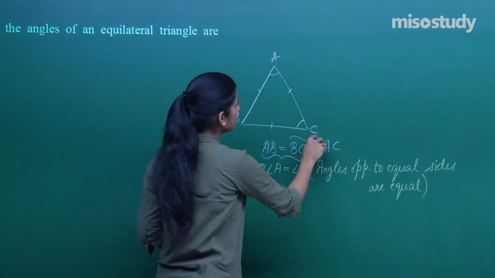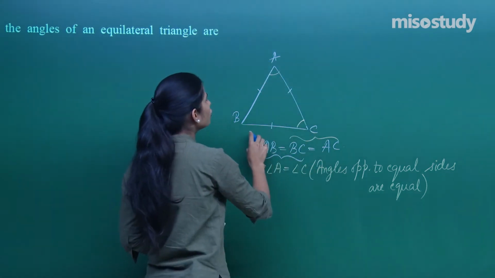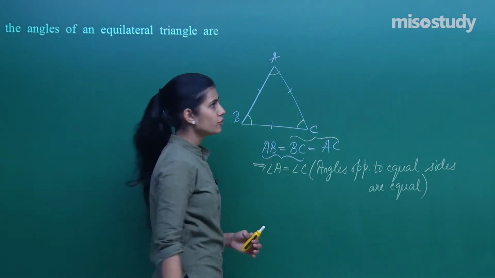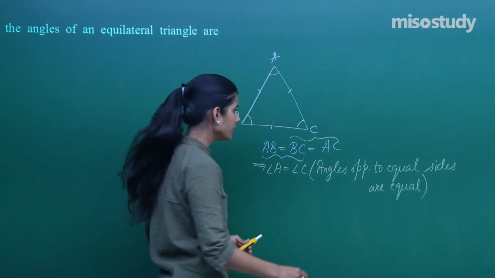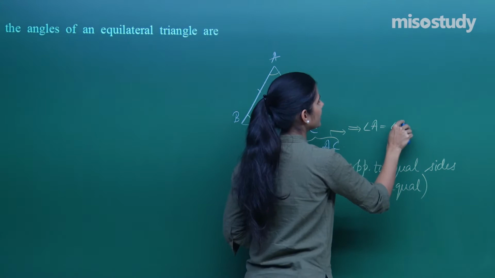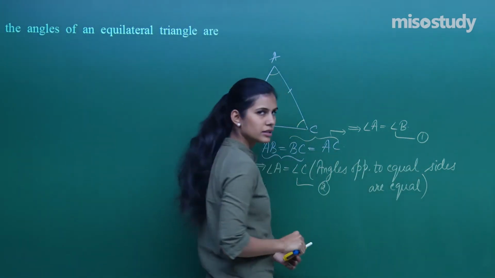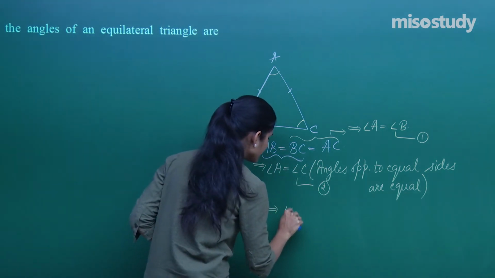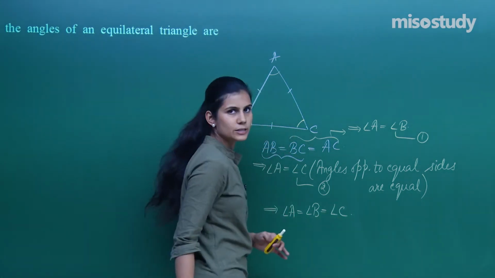Moreover, if you take BC is equal to AC, you will have angle at A is equal to angle at B, because again angles opposite to equal sides are equal. So I have this also. Angle A's measure is the same as angle B's measure, which is the same as angle C's measure.